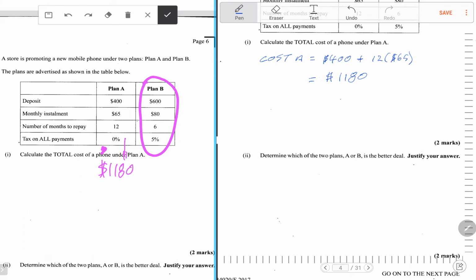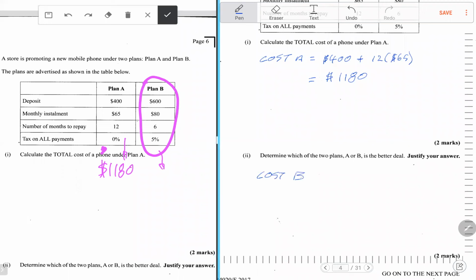So to make the comparison which one is better, we need to now work out the plan B cost. So let's work out the plan B cost down here. Let's call it cost B. Now remember, you have to add 5% to the overall total to get the total cost that they pay.